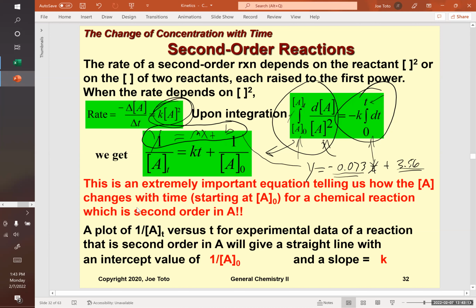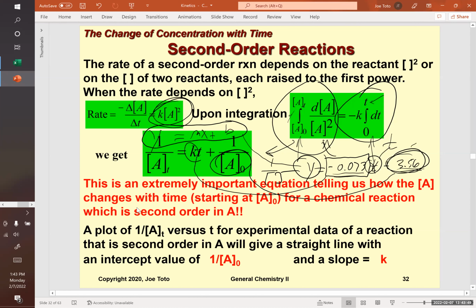For example, if it's second order and this y was 1 over the concentration that I plotted versus time here, then I see that the slope is related to K. And the intercept is related to the initial concentration.